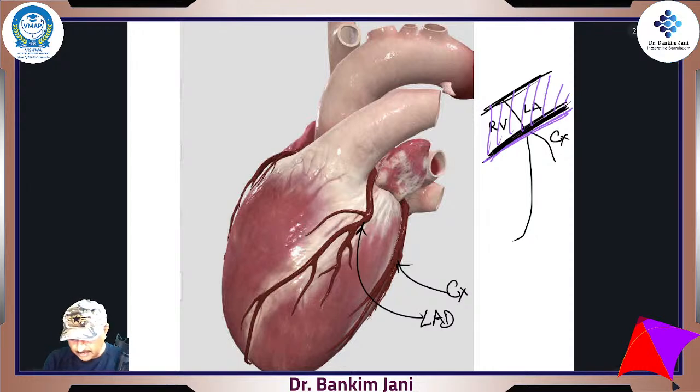Then these are small branches, right? This would be the lateral side, so they will be the marginal arteries. Yes, that is right, right aortic sinus and the left aortic sinus, right? These are the marginal branches.